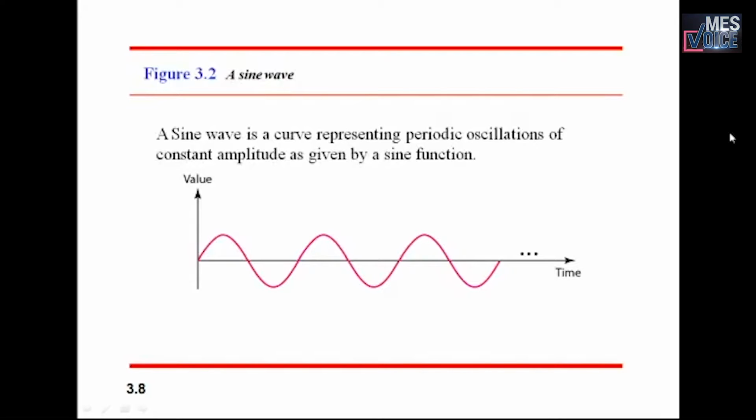As you can see, a sine wave is a mathematical curve representing periodic oscillations of constant amplitude as given by a sine function. The figure shows a sine wave in the time domain.